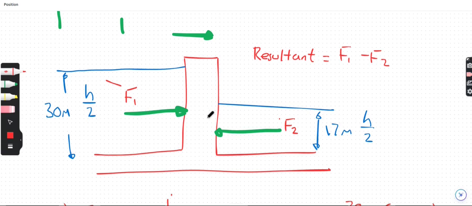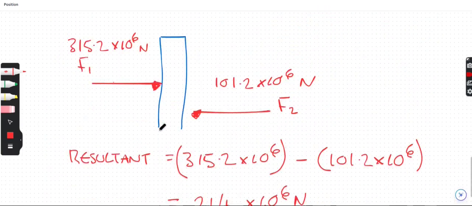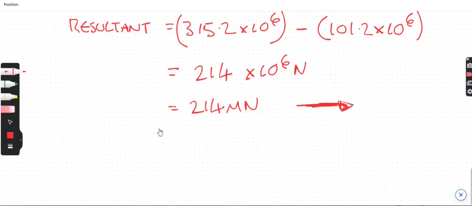So F1's going to want to try and push this wall over by that much. 214 that direction. That there is part A. That's the resultant force.